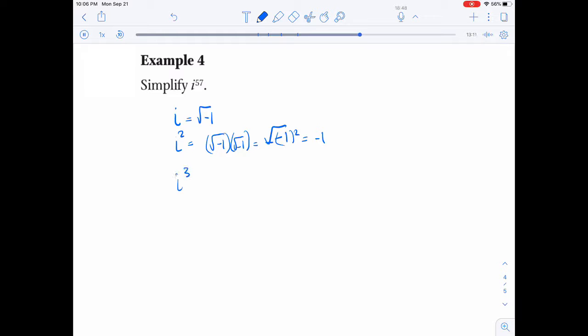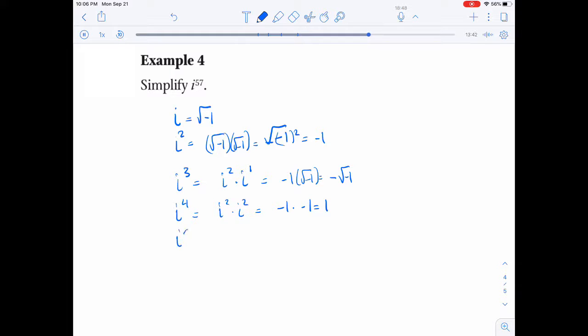i cubed is i squared multiplied by i to the first, which is equivalent to a negative 1 multiplied by the square root of a negative 1. So it's equal to the negative square root of a negative 1. i to the fourth is equivalent to i squared multiplied by i squared, which is equivalent to a negative 1 multiplied by a negative 1, which is a positive 1.